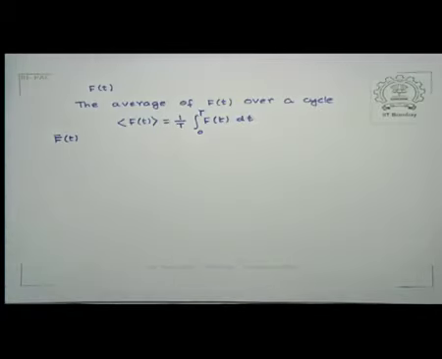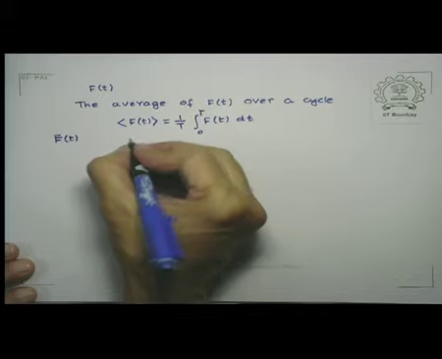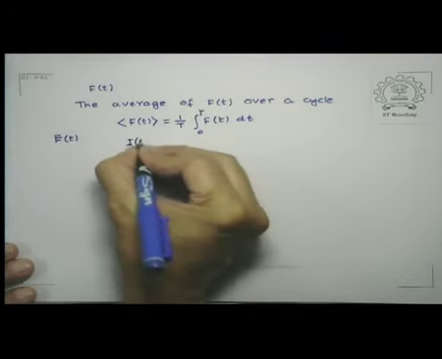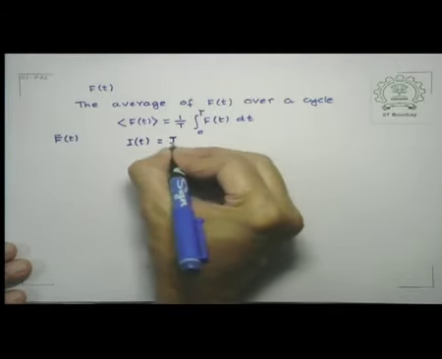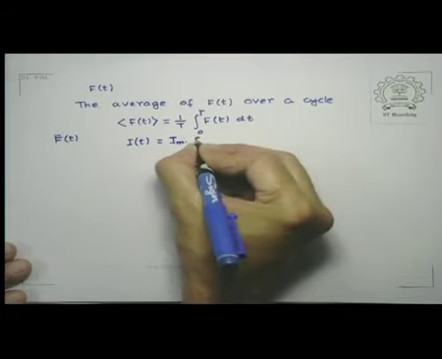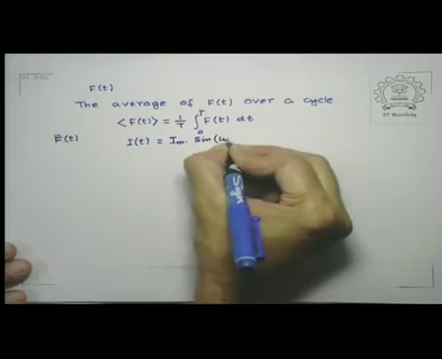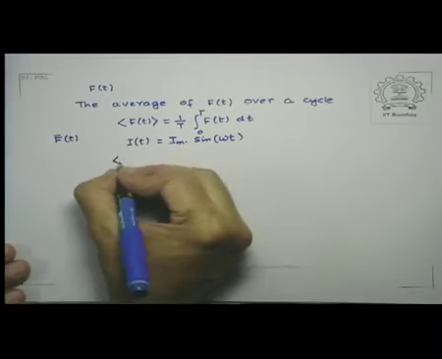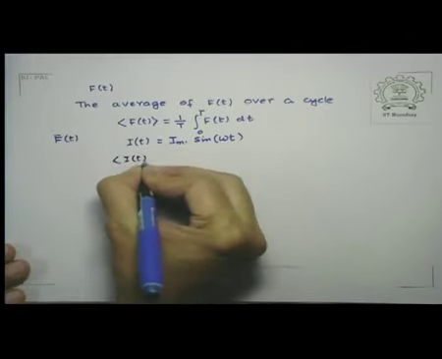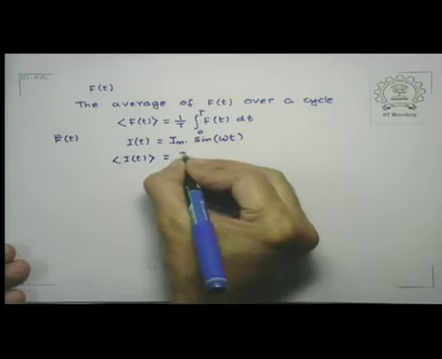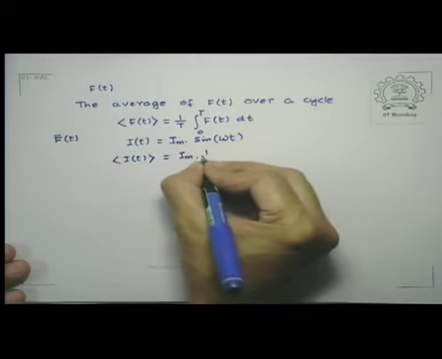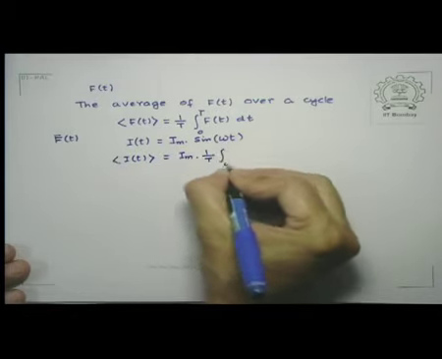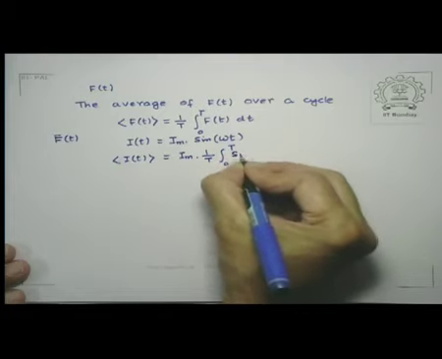So let us look at a time dependent quantity such as current, which is given by I of t equal to Im sine omega t. So the average of I of t, if you look at this definition, would be Im times 1 over T integral from 0 to T of sine omega t dt.